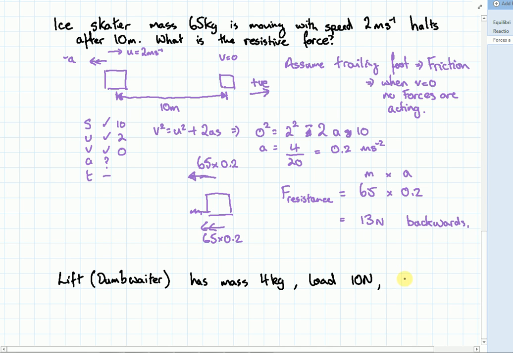It moves downward with an initial acceleration of 2 meters per second squared. God, my spelling is going bad today. And the question is, what's the tension in the rope?